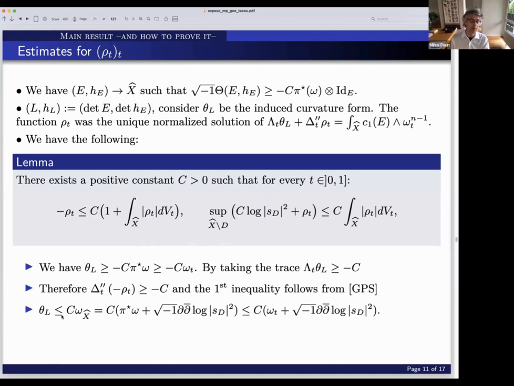Well, now when we want to consider the upper bound for theta L, now theta L is defined on X hat, so I don't have an analogous inequality to this one in the other sense. So the best we can say is that it is bounded by some constant times omega X hat.